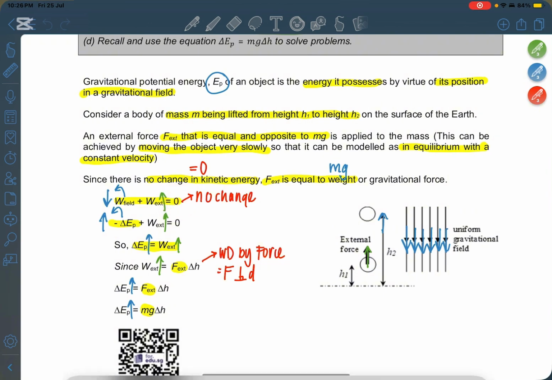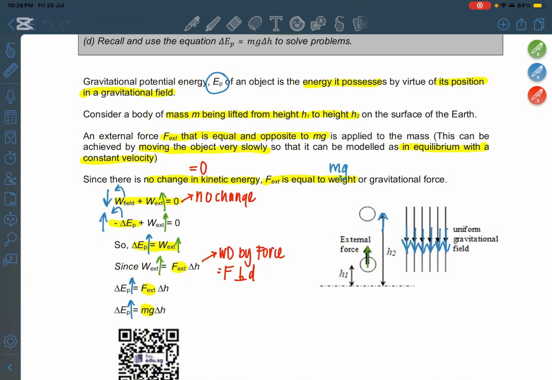Why? Because imagine that one is negative and one is positive. If they are equal in magnitude, then you get 0. The work done by the external force acts upwards, as you can see here, meanwhile the work done by the gravitational field is downwards.